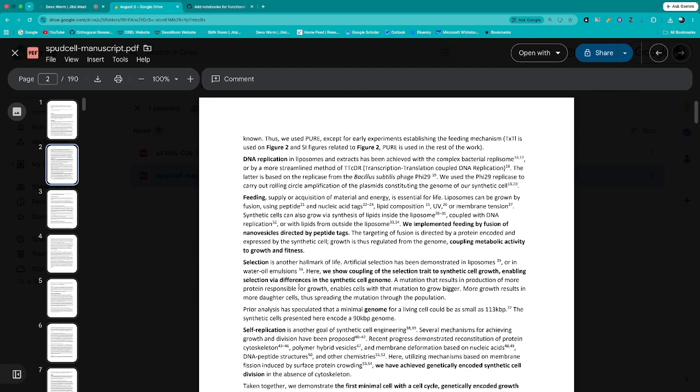And they talk about feeding. So they're supplying or allowing the cell to acquire materials and energy. Liposomes can be grown by fusion using peptide and nucleic acid tags, lipid composition, UV light, or membrane tension.